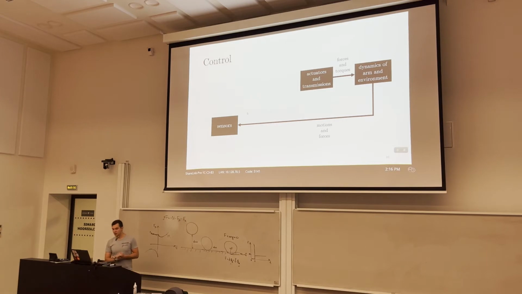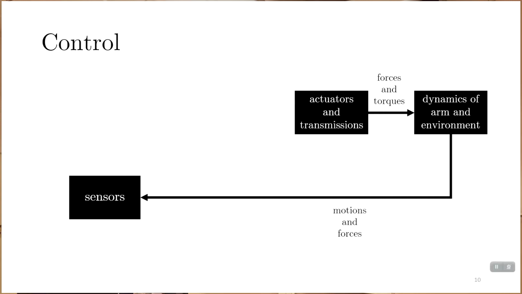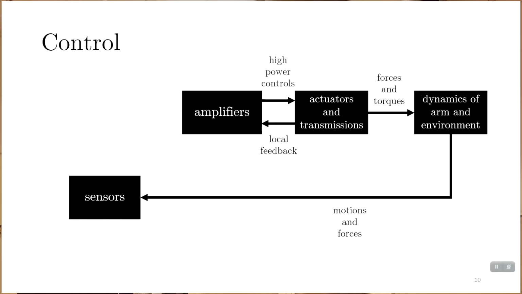We use actuators and transmissions in order to do this. In order to control the transmissions, we use amplifiers with the local feedback system. And in order to make some conversation between all these aspects, we use a controller.